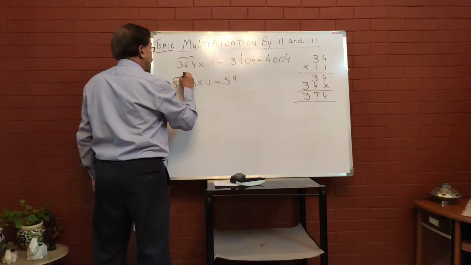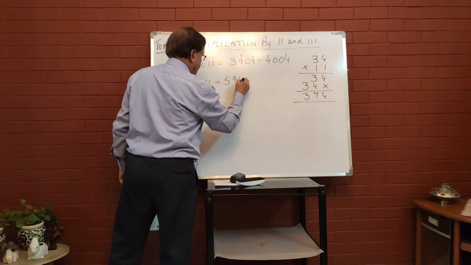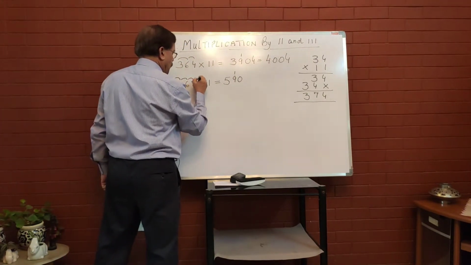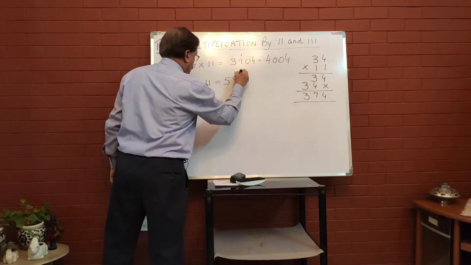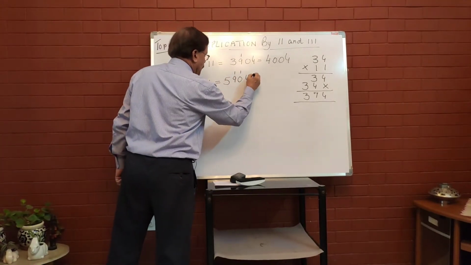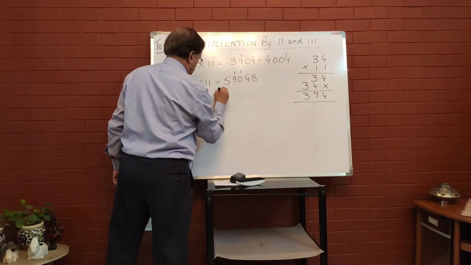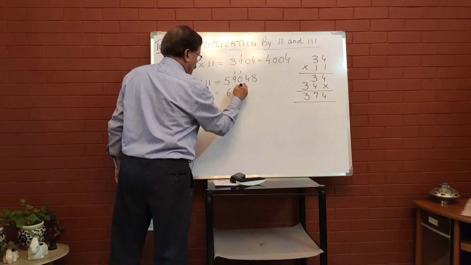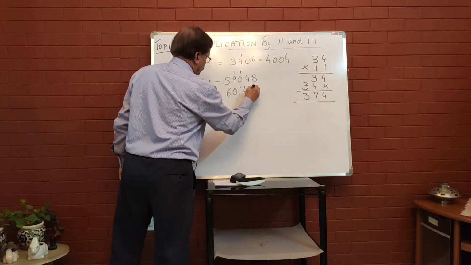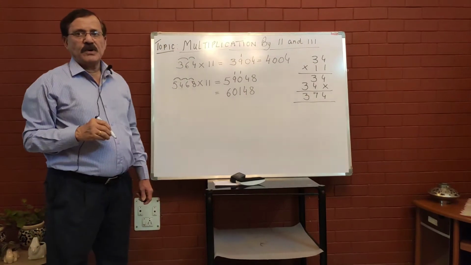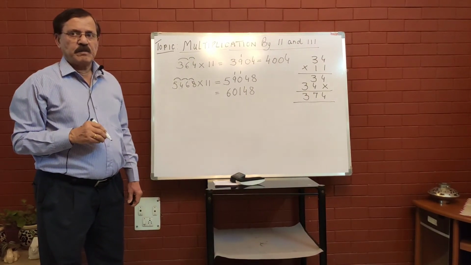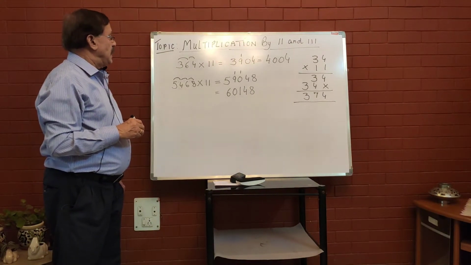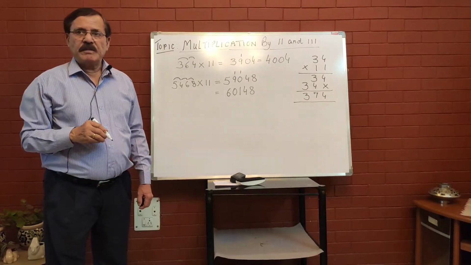Next number 4 plus 6, 10, 0, 1 carry. 6 plus 8, 14, 4, 1 carry, and the last number which is 8, it will be written like this only. And when you add it up, then you will get 6, 0, 1, 4, 8. This is your answer. 60,148 is your answer.